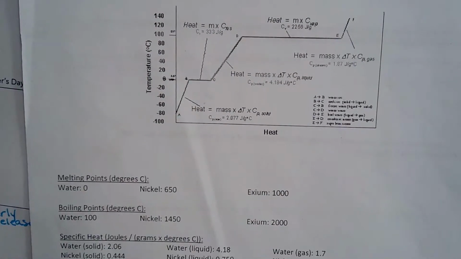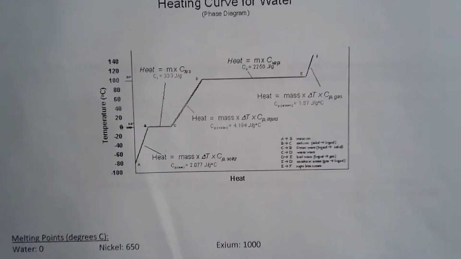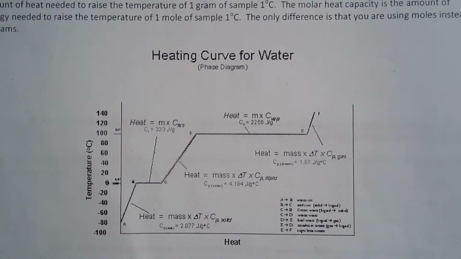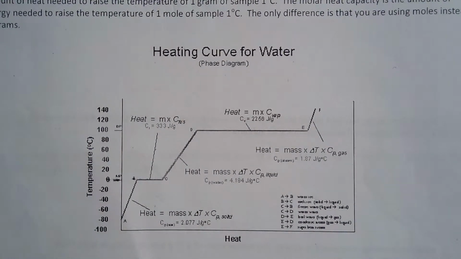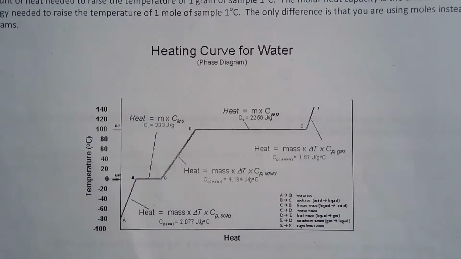Okay, so let's zoom in on our packet a little bit. The heating curve of water is here on your packet as well, but you should have also written it in your notes. This tells you the heating curve for water, the values that we're going to use, and the different Q equals MC delta T values that we're going to use.